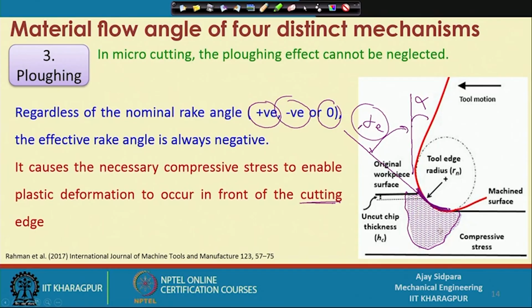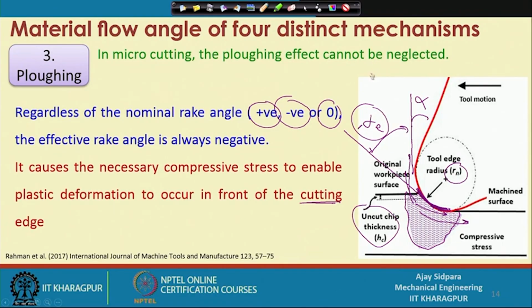So, this compressive stress distribution in the plastic deformation zone will deform the material, and the ratio between the uncut chip thickness and Rn will decide what is going to happen here: whether it will be removed as a chip, whether the whole thing will just be compressed into the machined surface, or some part will go as a chip and some part as compacted material in the machined surface. So, this cannot be neglected.